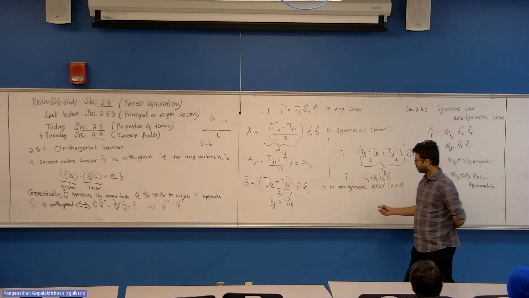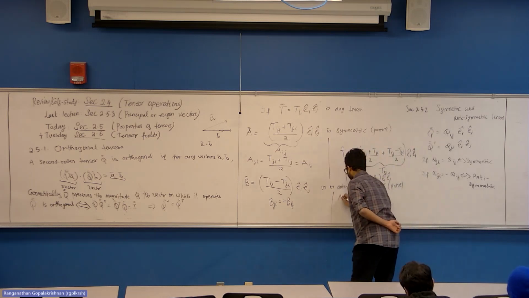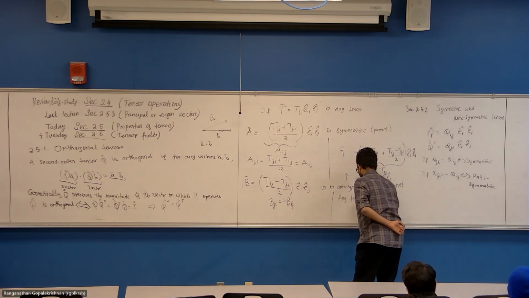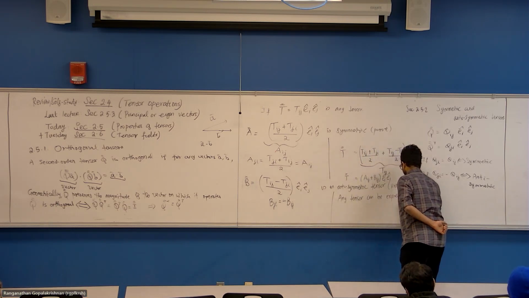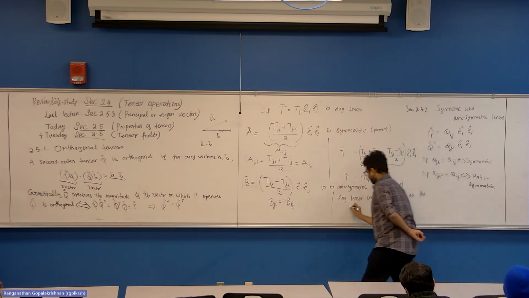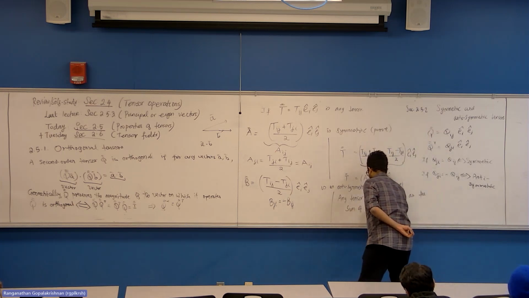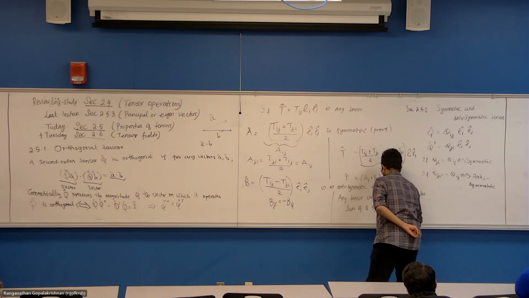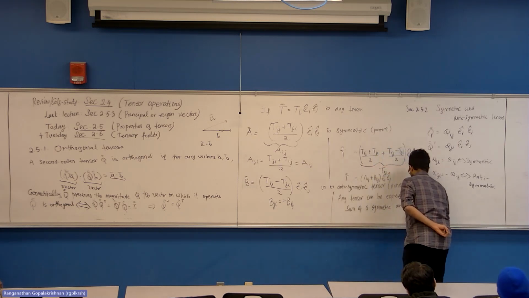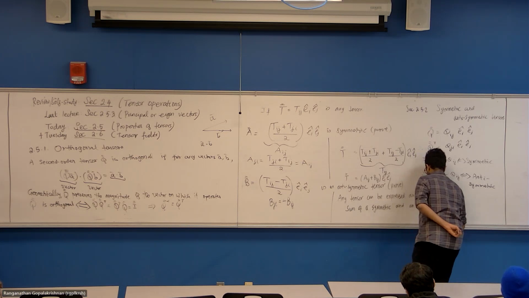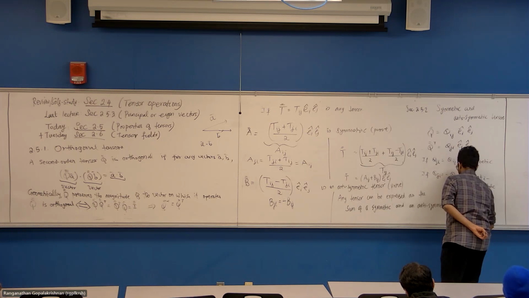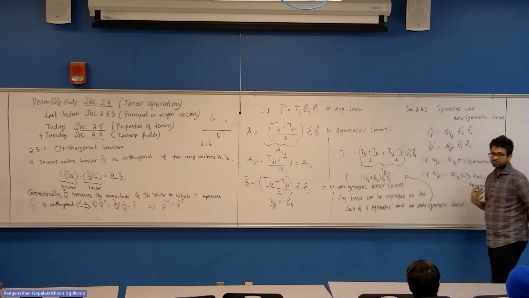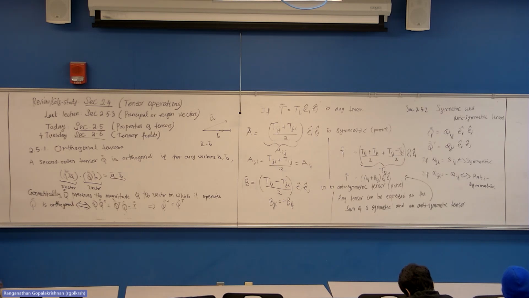That's the result, so I'll write it in words here: any tensor can be expressed as the sum of a symmetric and an antisymmetric tensor. The reason I'm stating this is we will use these types of mathematical manipulations when we do the theorems and derivations.